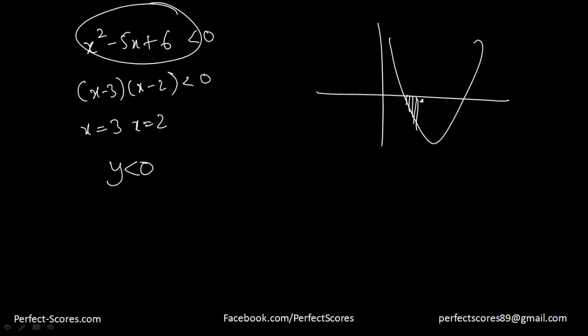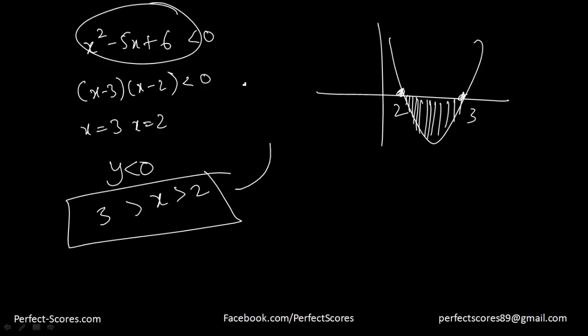At these points the value of y is less than 0. That means x greater than 2 and x less than 3. At these values this function is going to be negative. For the rest of the values, this function is going to be positive. So I hope you're able to understand what I'm trying to say here, guys. Right? So that's there.